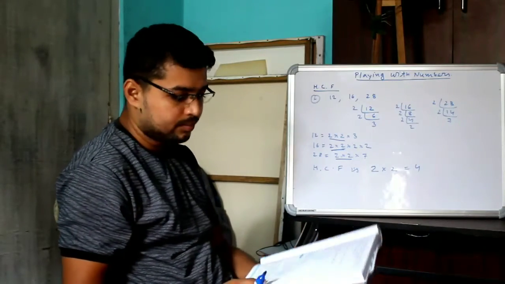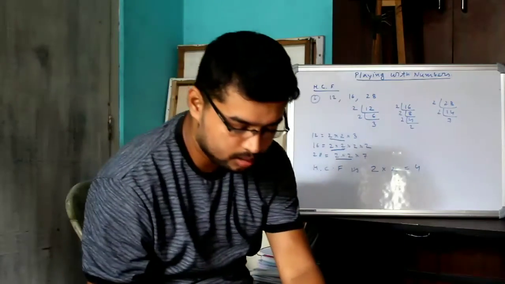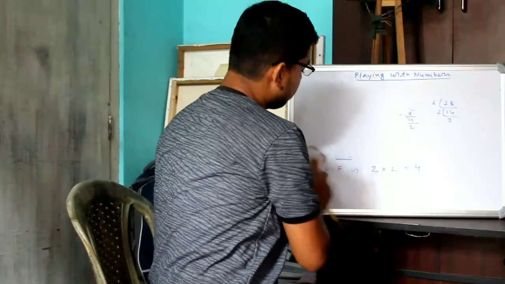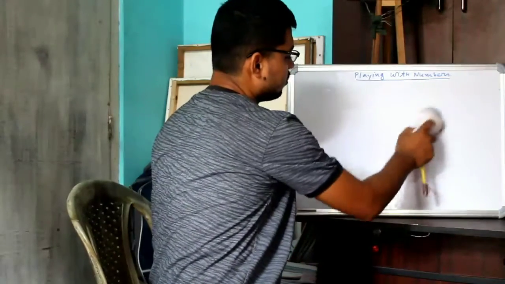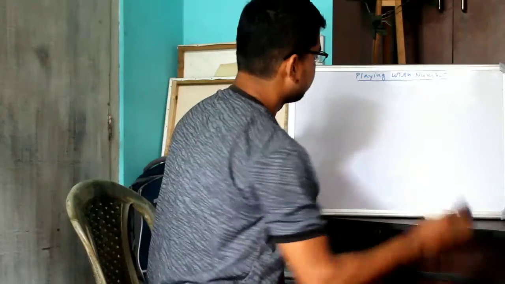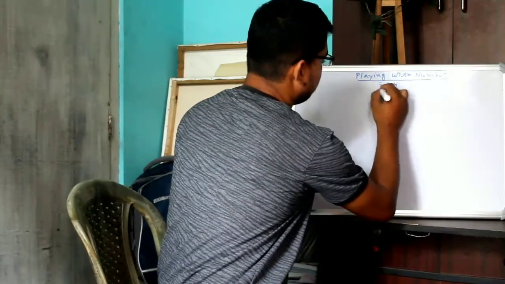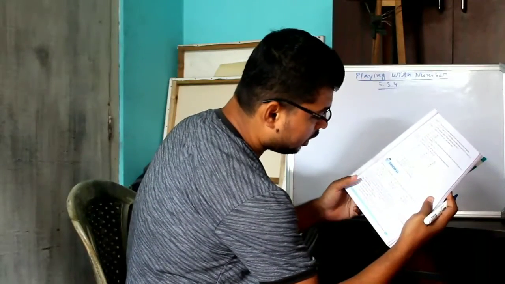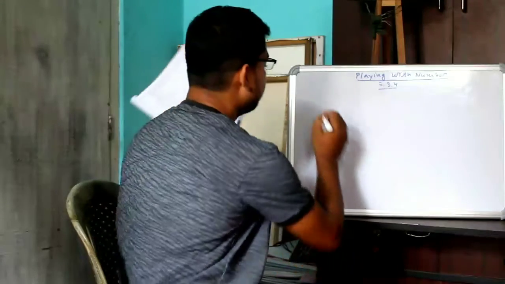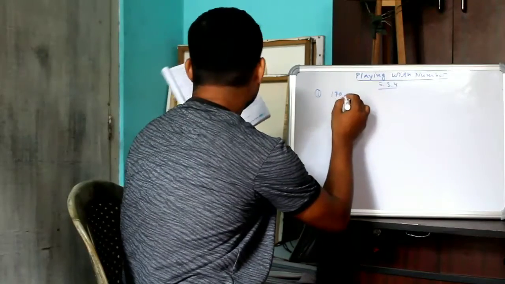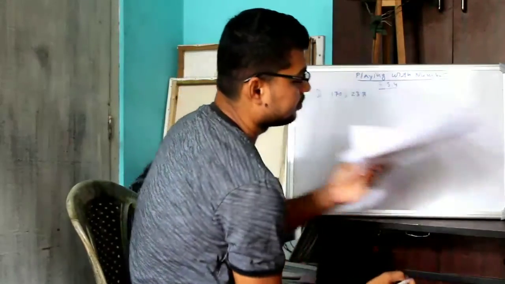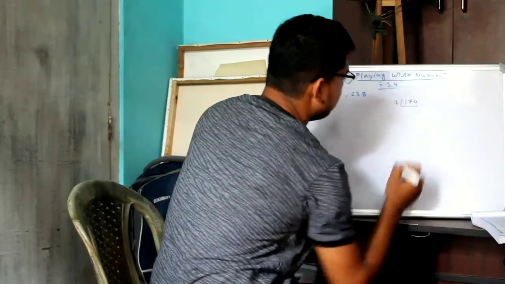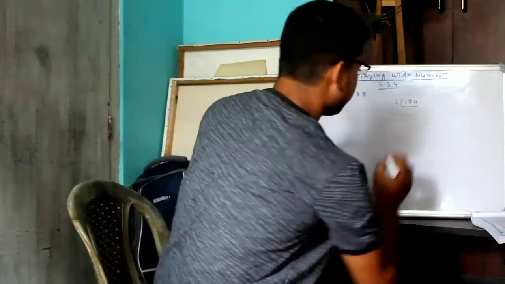Now exercise 3.4. Find the HCF of the numbers in each of the following using the prime factorization method. Number 1: 170 and 238. 170 divided by 2 we get 85.